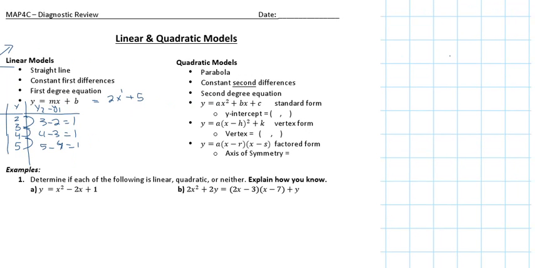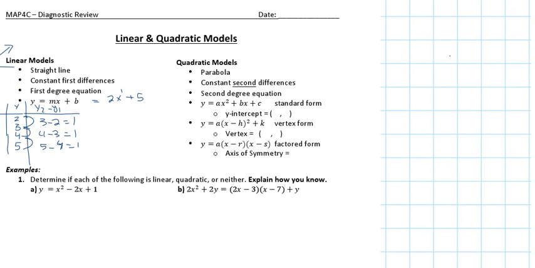But at least when you look at the equation, you should be able to identify if it's linear, quadratic, or not. Okay? So if it has a degree 2, then you know it's quadratic. Okay? And then when you have a table of values, if your second difference is constant, then you know it's quadratic.